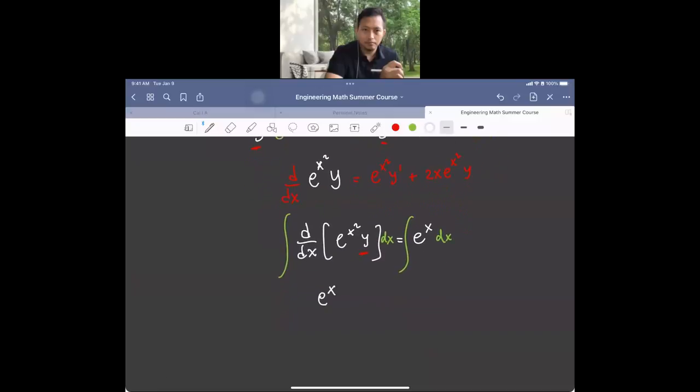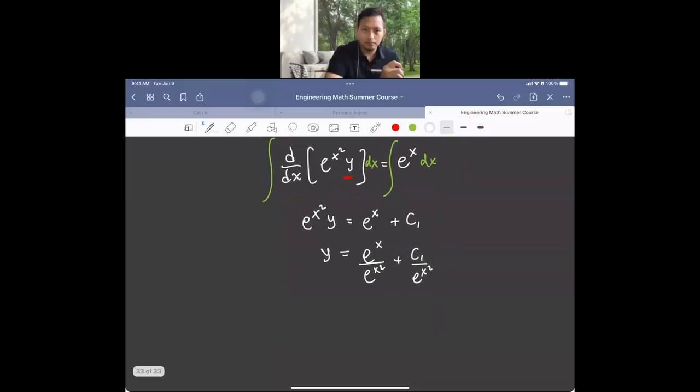Now we have e^(x squared) y equal to e^x, plus c1, so y is e^x minus x squared, because it's divided by e^(x squared), plus c1 e to the minus x squared, like that.